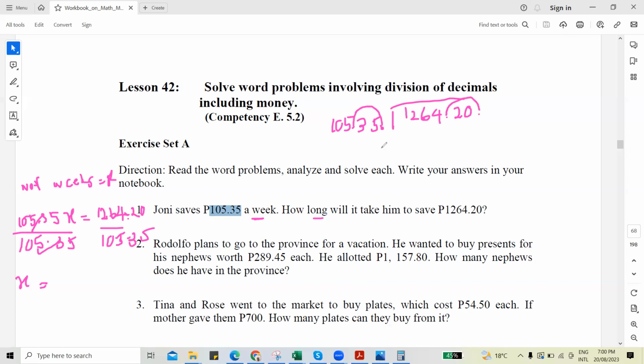Now it's a long number, 10,535. And this one 1264.20, right? Now every 1,000 means 0. I can put a comma. 126,420, then divided by 10,535.